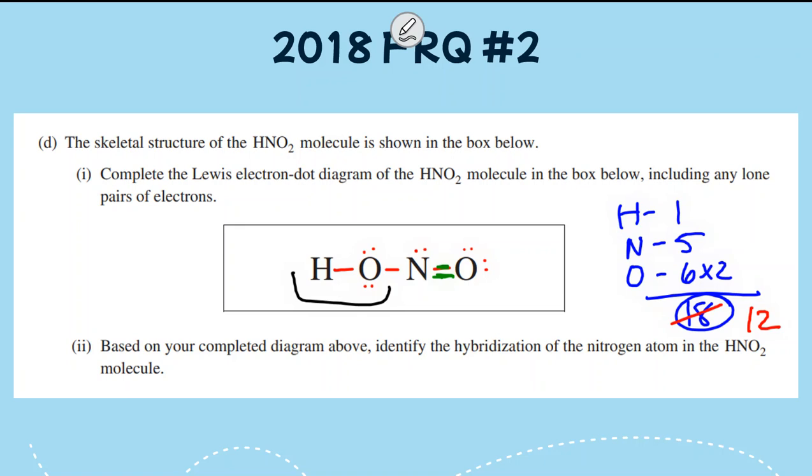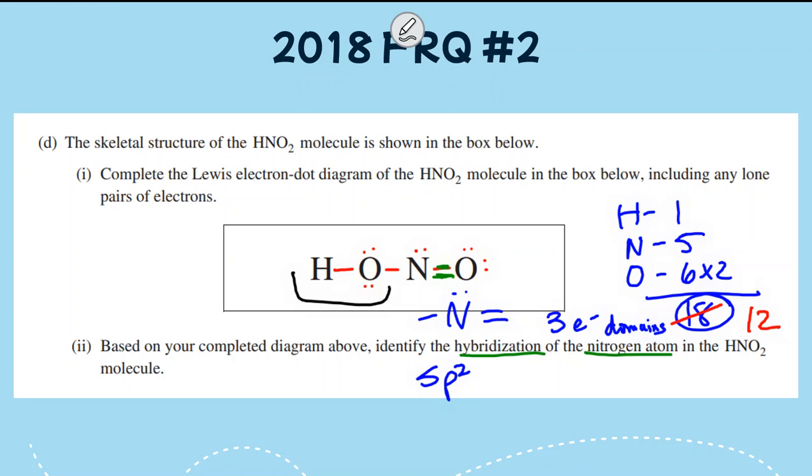Based on the diagram above, what is the hybridization of the nitrogen? Nitrogen here has 1 lone pair and 2 bonded atoms, so that's 3 electron domains. What is our hybridization? sp2, very good.